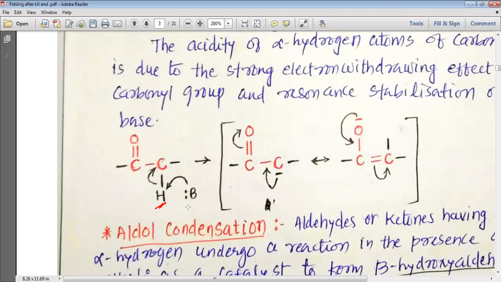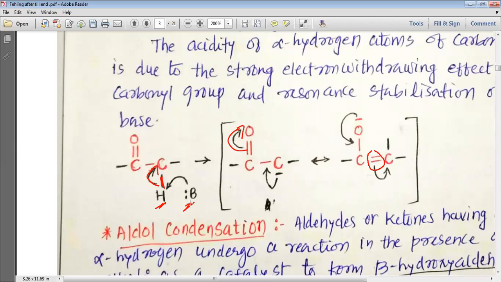You can see, my dear students, that if some base attacks this hydrogen, what happens? The electron of this bond goes on this carbon. So the electron from this double bond goes on oxygen, and the electron of this bond goes and makes a double bond here.